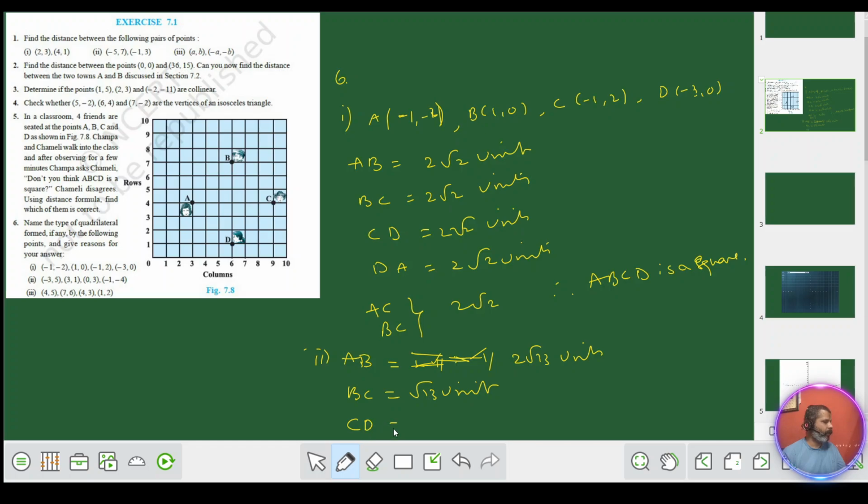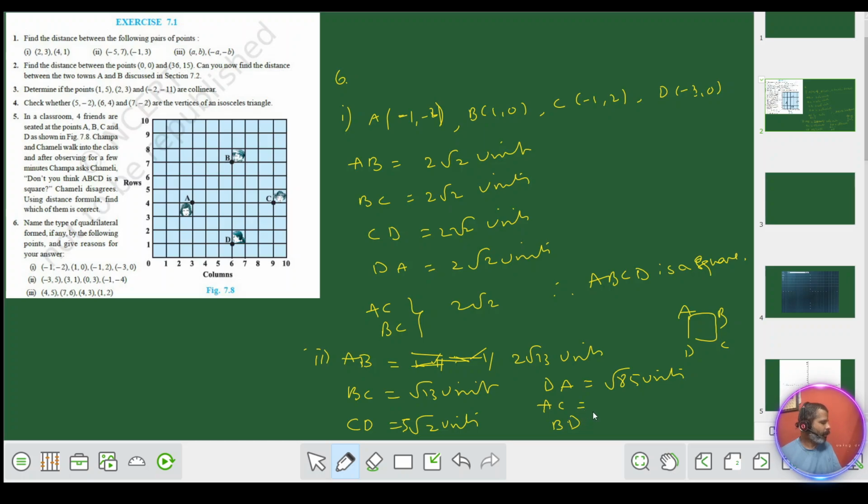And CD, you will get, just use this for validation. These values you solve by yourself so that you get good practice. DA, you will get root 85 units. And you also find AC and BD.